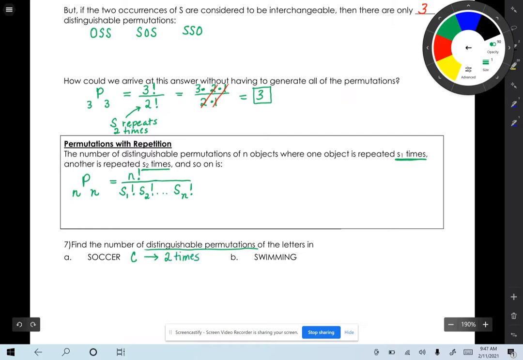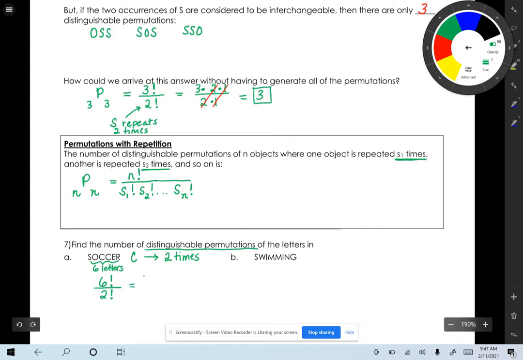There are 6 letters. So based on our formula, that would be 6 factorial divided by 2 factorial, because the number of repetitions goes down there and the number of letters goes in the numerator.